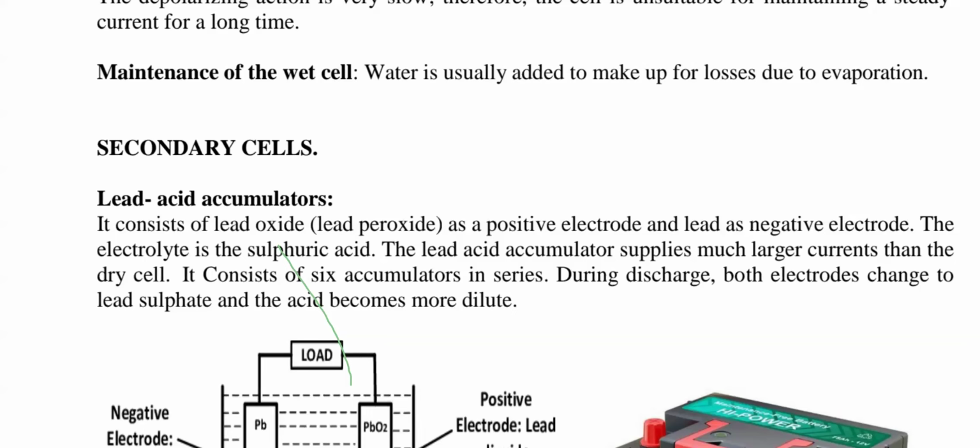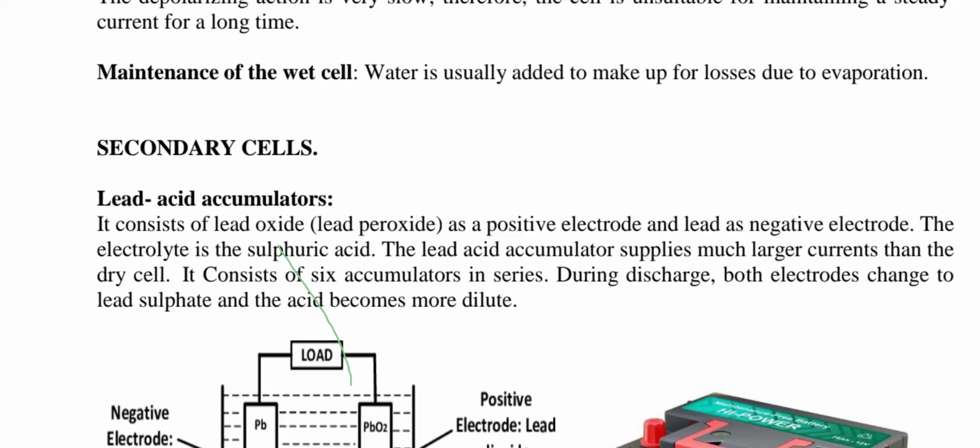So now when you talk about the lead oxide, we are going to have both the positive electrode and the negative electrode, which means our lead is going to act as the negative electrode. Then the peroxide is going to be the positive electrode.